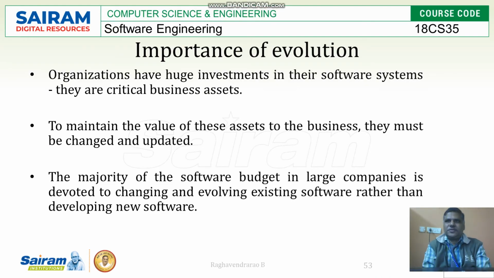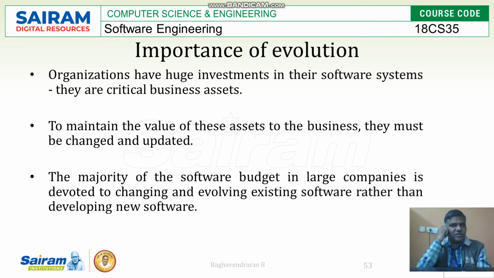The importance of evolution is that organizations want to invest in their software systems as critical business assets, because a huge investment will be there for that. It is not so easy to manage the organization, so a huge investment will be there for the software systems. So they have to maintain those systems for better business.